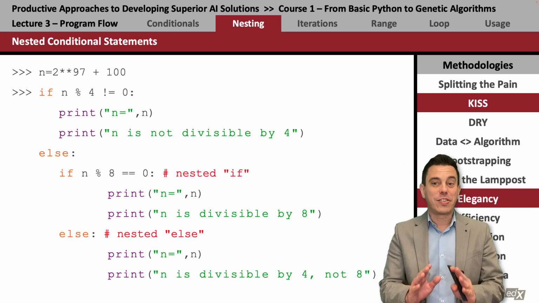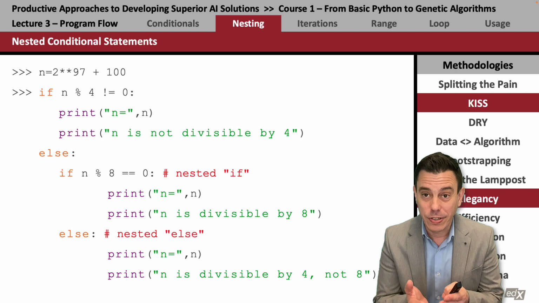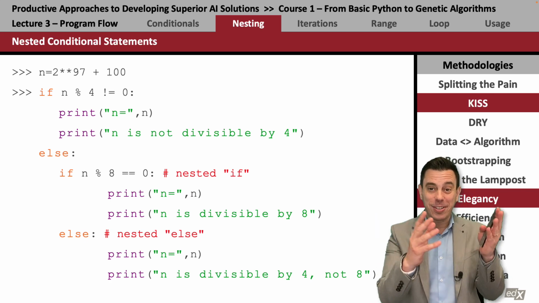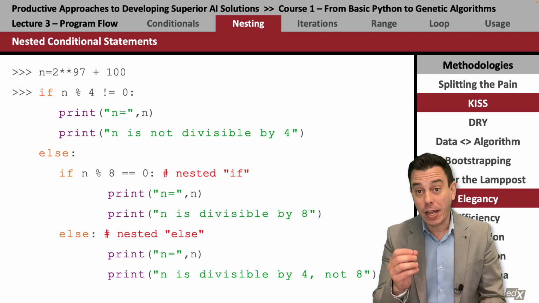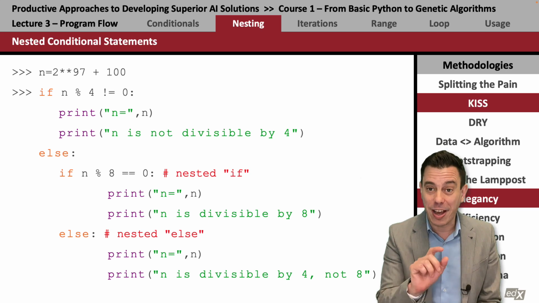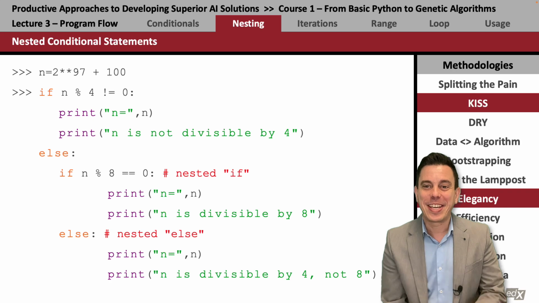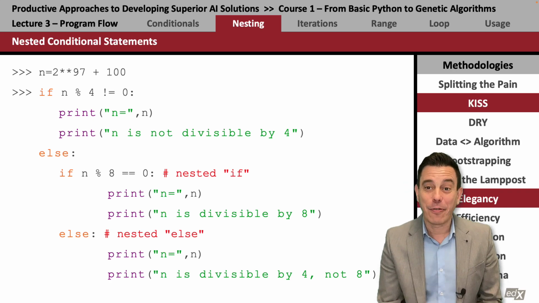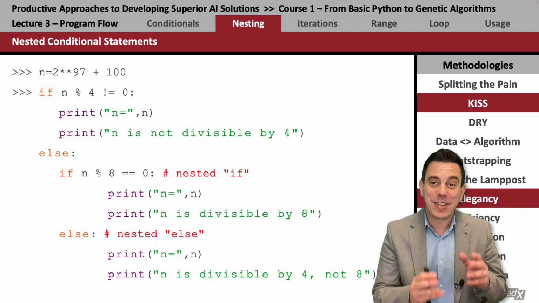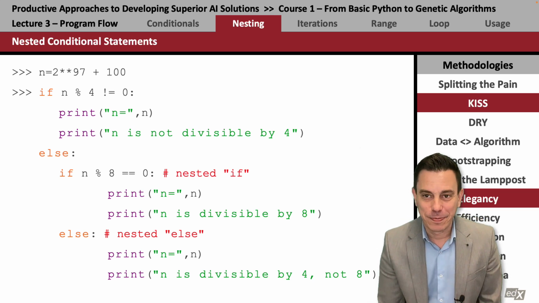Now, nesting is a very powerful tool, of course. It allows us to make all these complex structures and in many cases the sophistication of the algorithm. And therefore, we need to keep in mind the KISS methodology we talked about in the former lecture, which means keep it simple, stupid.